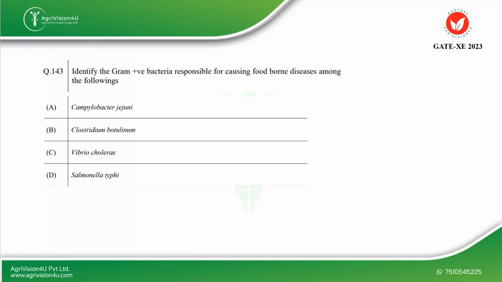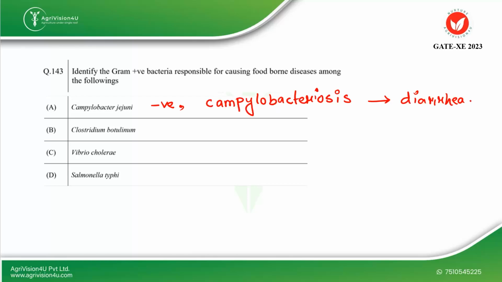So Campylobacter jejuni, we know that it's a gram-negative bacteria and it causes a disease, that is Campylobacteriosis. Next, Clostridium botulinum. It's a gram-positive bacteria which causes botulism in severe cases. Next, Vibrio cholerae.